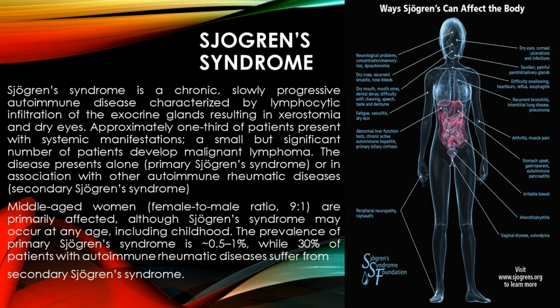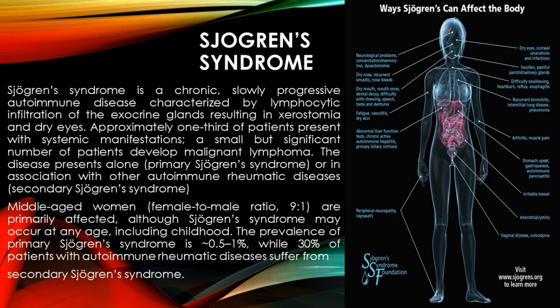The disease presents alone, when we talk about primary Sjogren syndrome, or in association with other autoimmune rheumatic disease, secondary Sjogren syndrome. Most of the time we have association with rheumatoid arthritis.